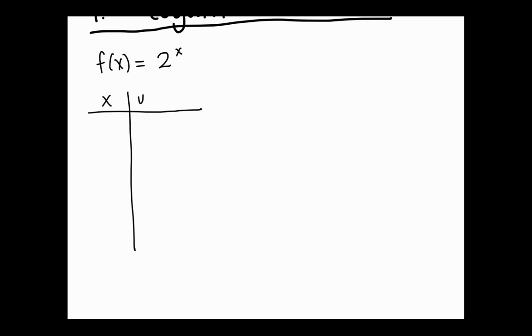So I'm going to say x, y equals 2 to the x, and then I'm just going to choose some numbers to plug in for x: -2, -1, 0, 1, and 2. This is all stuff we did last time. 2 to the -2 is going to give me a fourth, then a half, 1, 2, 4.